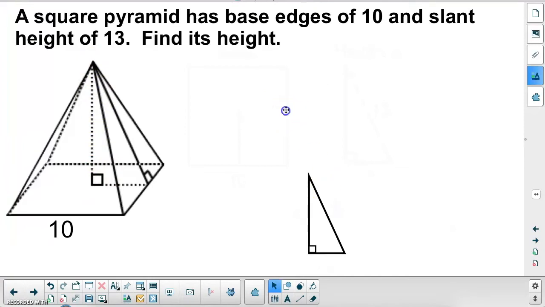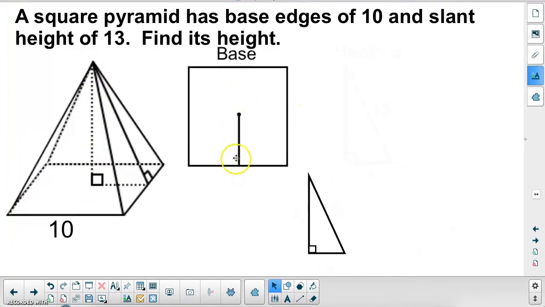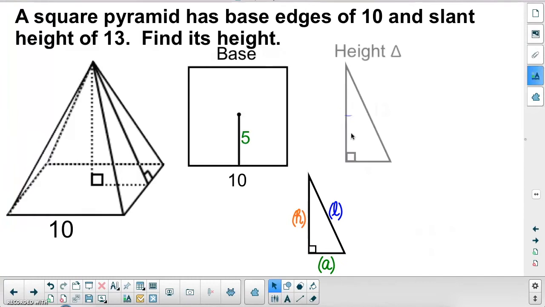So we know on our base, if we drew the apothem, that would cut each side in half, and we would know that we have a 45, 45, 90, so we know the apothem is going to be 5. In our right triangle that's formed with the apothem, height, and slant height, we now know what the apothem is, which is 5. We know what the slant height is, L of 13.